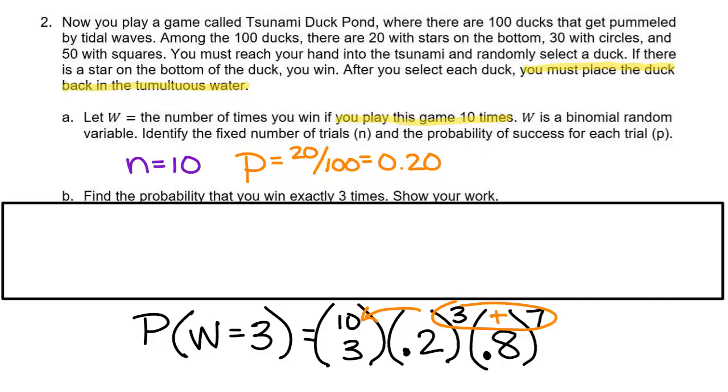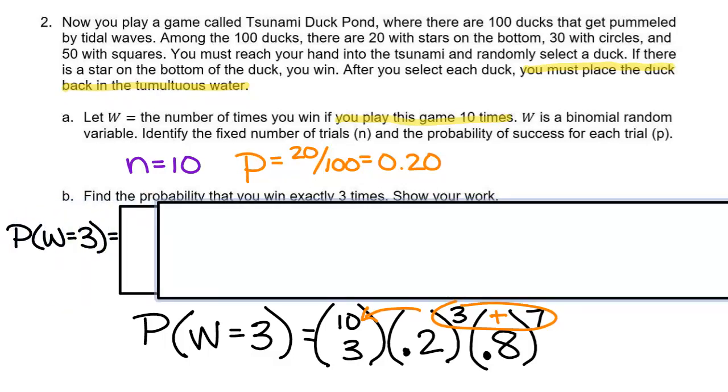I know how to put the 0.2 to the 3rd in my calculator. I know how to put the 0.8 to the 7 into the calculator. How do I put this into the calculator? That was the nCr. Do you guys remember pushing the math button and arrowing over to probability? That's what you have to do for this one.